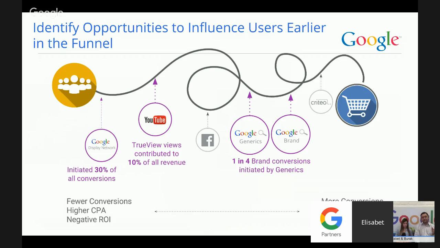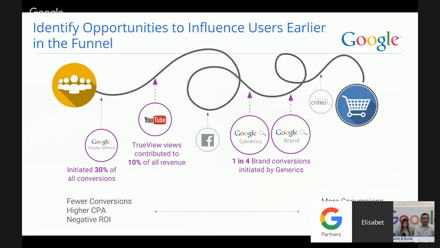When we look at the upper funnel, or the start in this graph, we will see fewer conversions. For example, with GDN campaigns or YouTube campaigns, you'll probably see fewer conversions than, let's say, a search campaign, or higher CPA and possibly negative ROI. When you look at the more right-hand side of it, or what we call last click or lower funnel products, you will see many more conversions when compared to upper funnel products, and definitely lower CPA and most probably positive ROI.